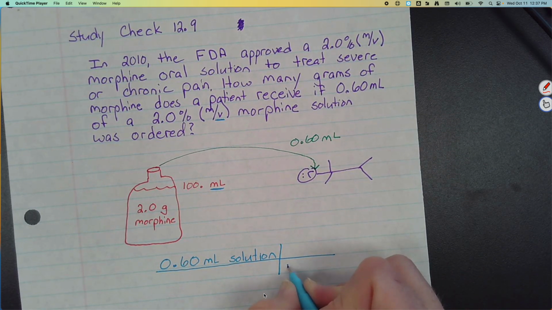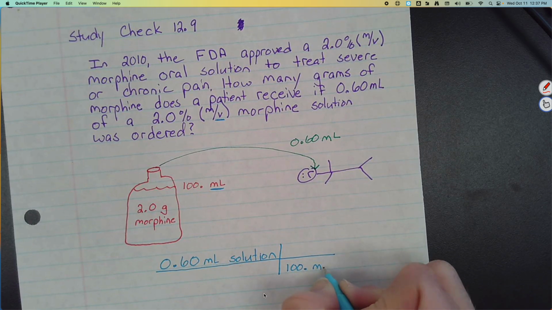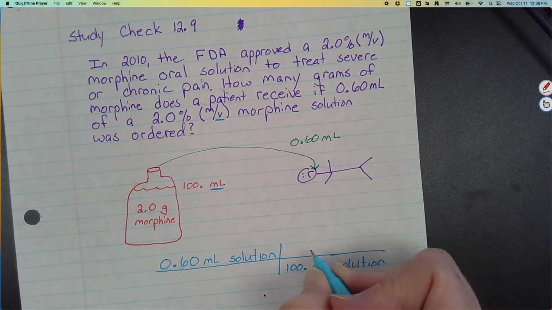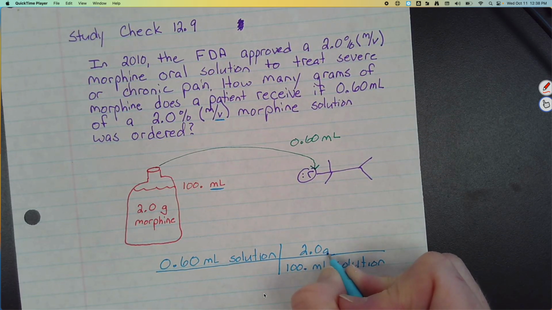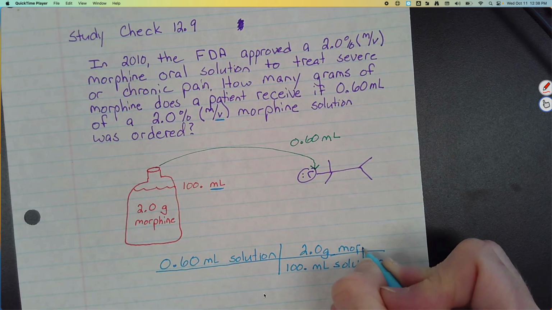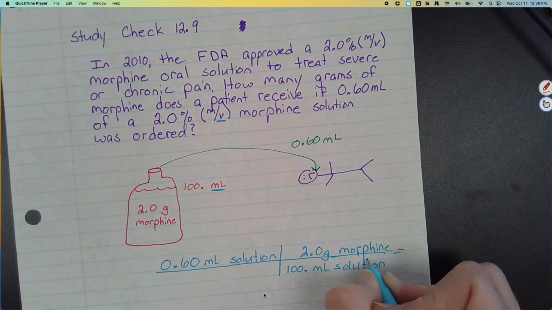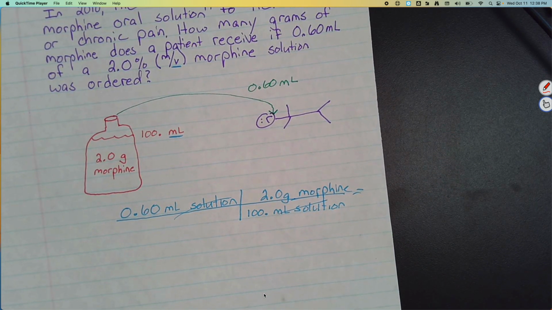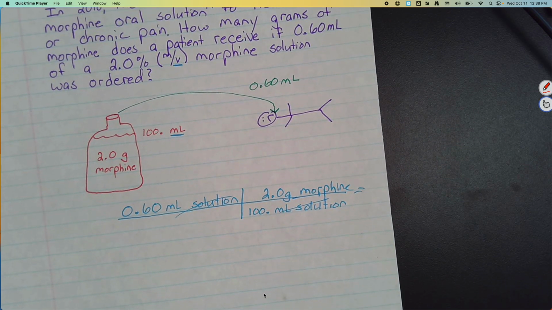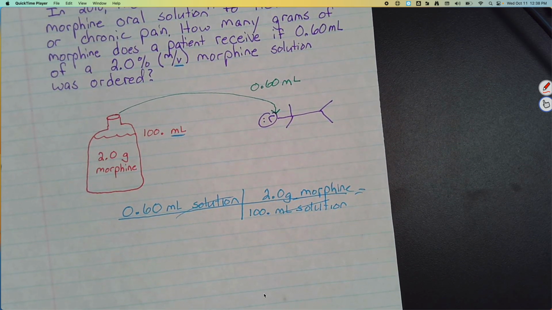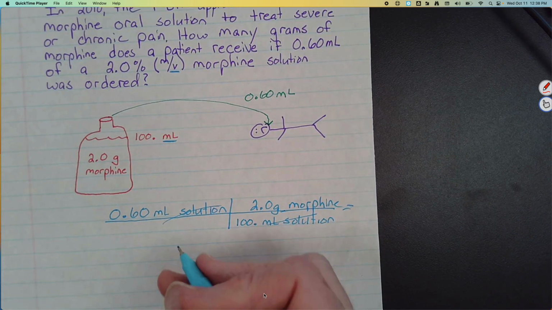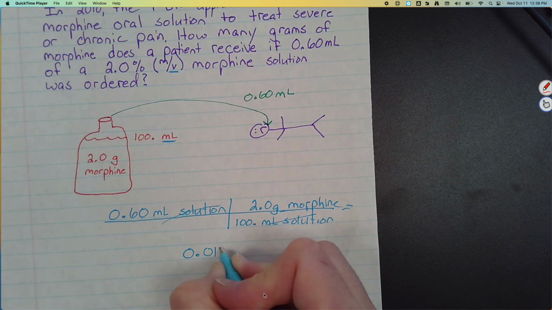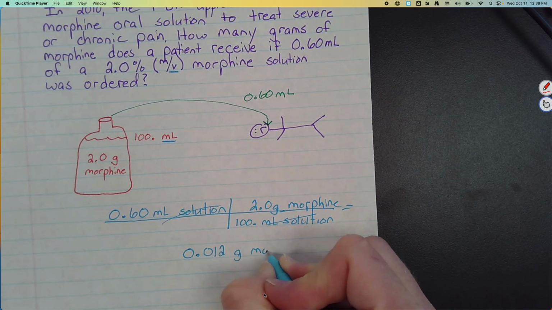And for every 100 milliliters of solution, I have 2 grams of morphine. 0.60 times 2 divided by 100 is 0.012 grams of morphine.